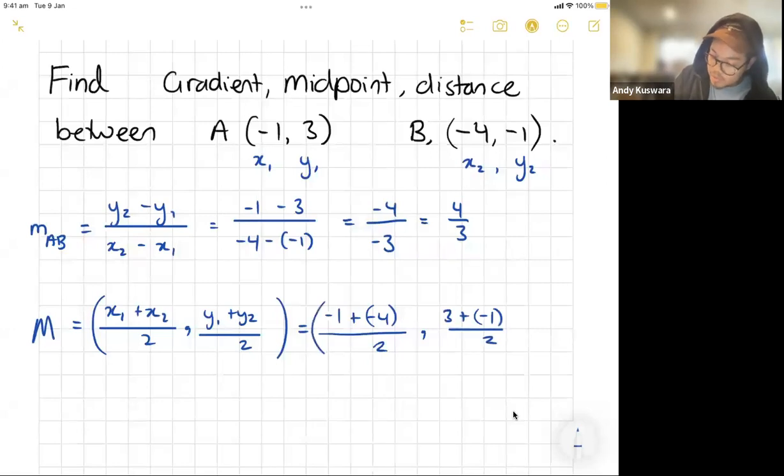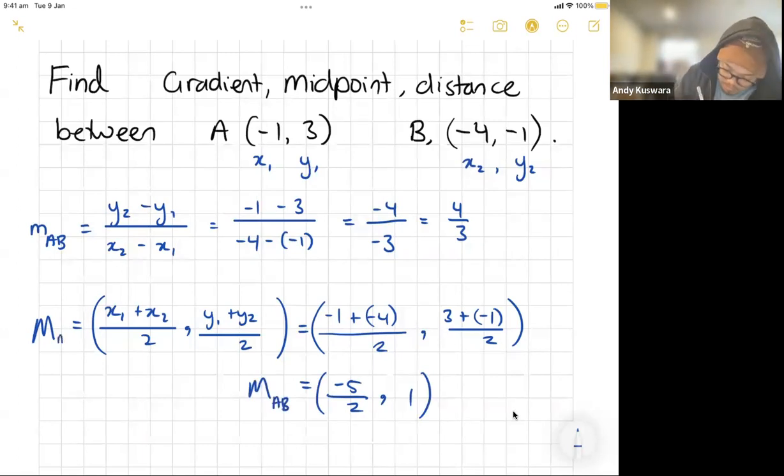Note how I'm using all these brackets just to make sure I don't mess up any of my positives and negatives. -1 minus 4 is -5 on 2, and then 3 plus -1 is 2 on 2, which is just 1. So that is your midpoint of A and B.